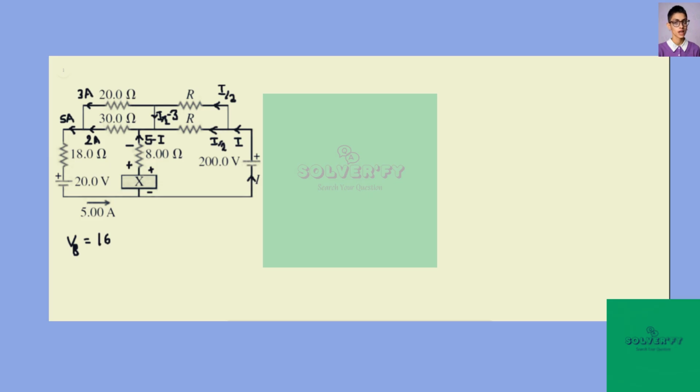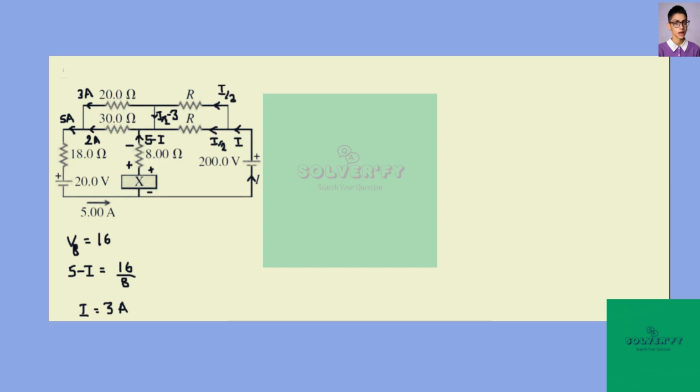So how much is 5 minus I? The current flowing through the 8 ohm resistor should be equal to voltage upon resistance, 16 upon 8. So this gives me I equals 3 amperes. Wow, such an easy way to determine I.